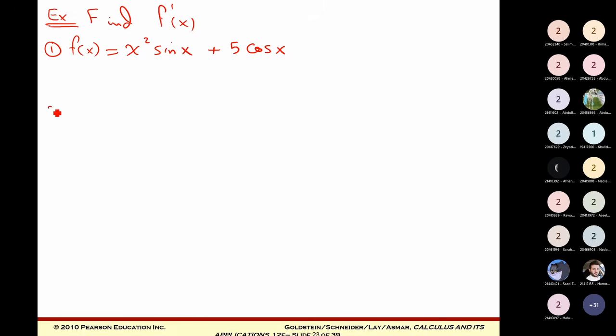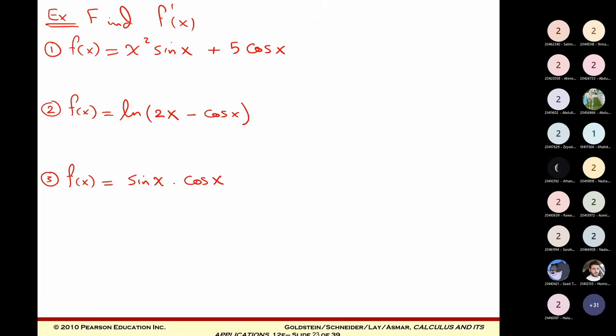Number two, f of x equal ln of 2x minus cosine x. Number 3, f of x equal sine x times cosine x. Number 4, f of x equal e to the power tan x, we can put it like this.